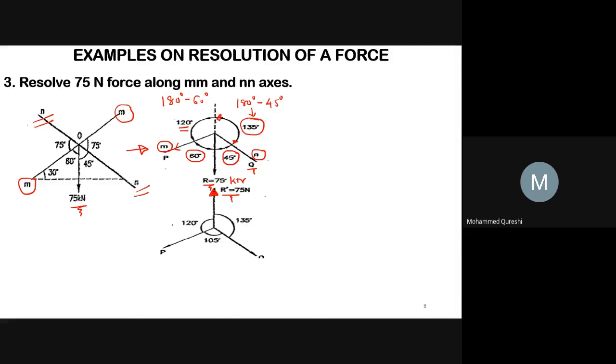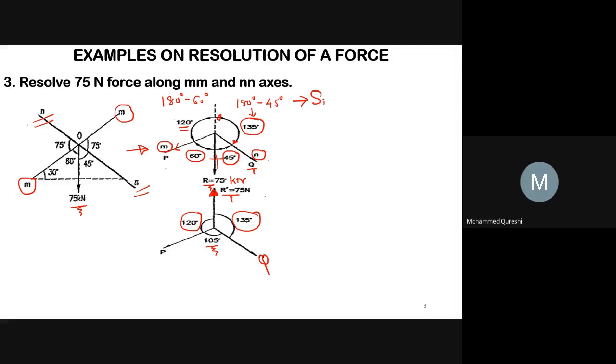The angle between the P force and the equilibrium force R is 120 degree, and the angle between the P force and Q force is 60 plus 45, that is 105 degree, and the angle between the equilibrium force R and Q force is 135 degree. These both angles we have calculated earlier.